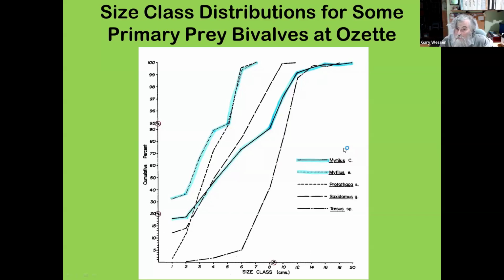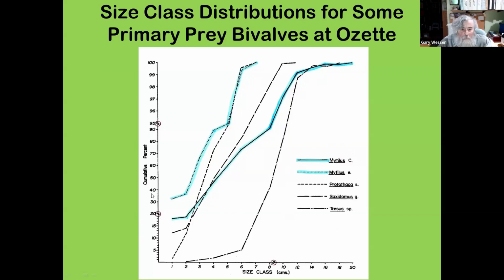And then for the 5 major bivalves, the 2 with the blue lines are the epifaunal ones, the mussels that are outside on the rocks. Protothaca, Saxidomus, this is the steamer clam, butter clam, horse clam. Those are things you have to dig for.